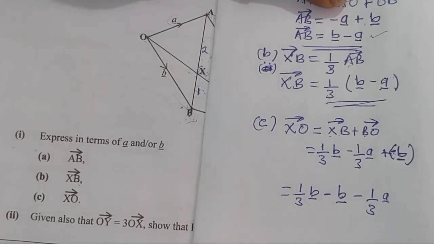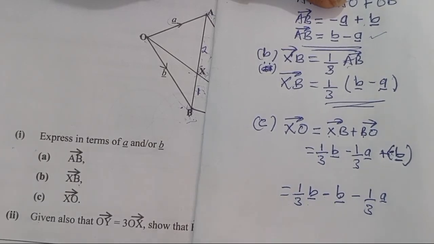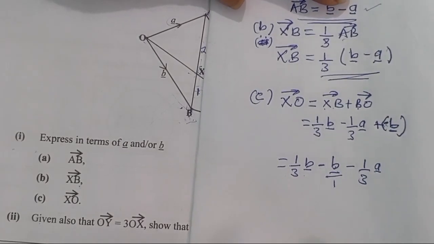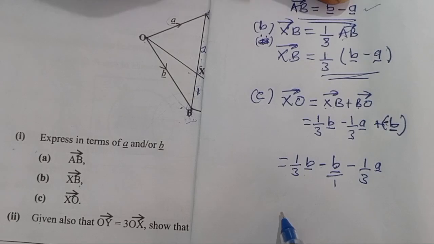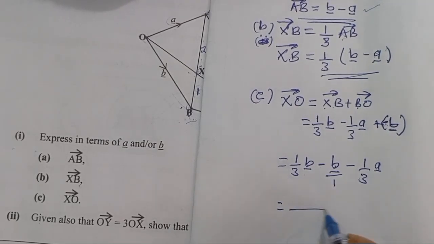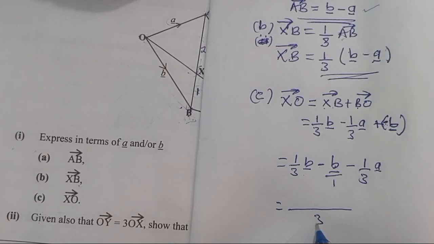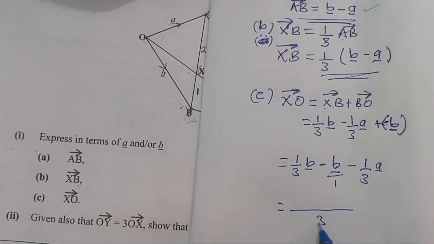So from here now, this is a fraction. We can express this one to be a fraction by saying over 1. So from here, you look out for the lowest common denominator of 3 and 1, which is 3. So 3 into 3, it is 1.